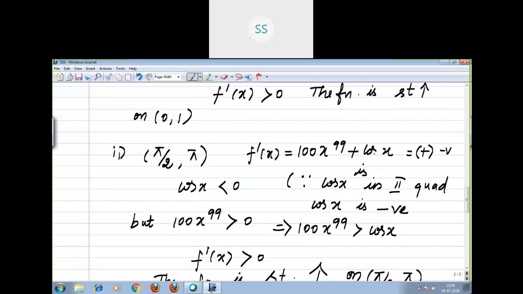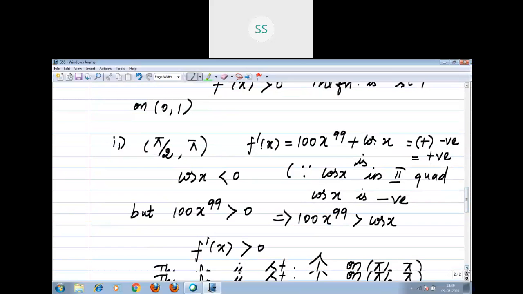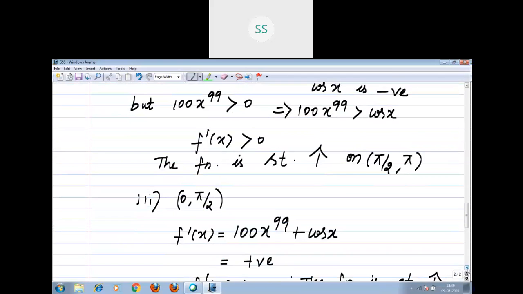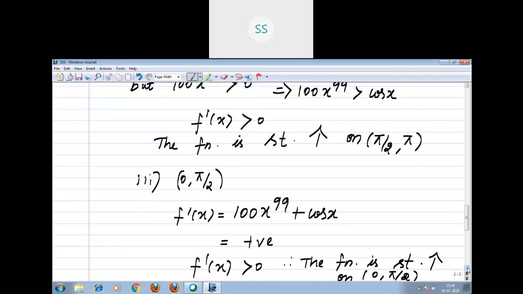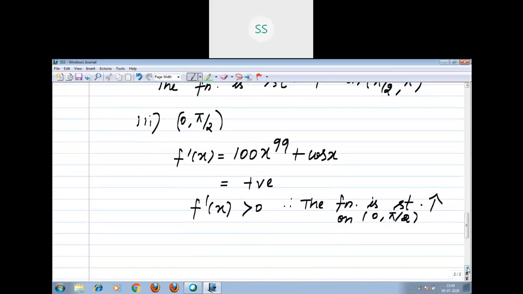Then here it is negative. You will arrive at the result as positive. Why did I write positive? Because 100 into x power 99 is greater than 0. That is the greatest number. Greatest number minus smallest number is subtraction, then you put the greater number's symbol. Here the greater number's symbol is positive, so I put positive. Now we'll pass on to the next. Each and every step I'm explaining to you children. Positive plus positive is positive.